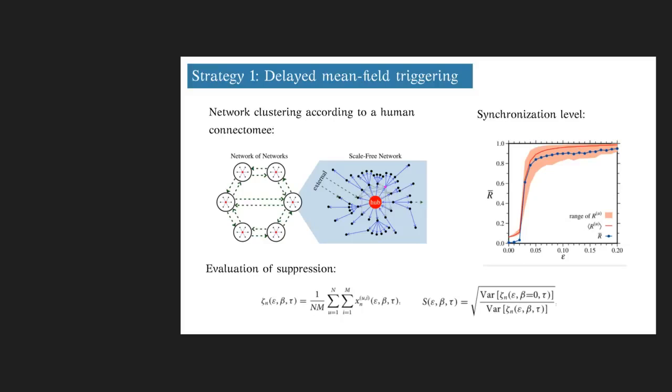It's important to see that we consider a special class in the universe of possible networks. What does that mean? We do not have neurons or subnetworks that act as a sink or a source.